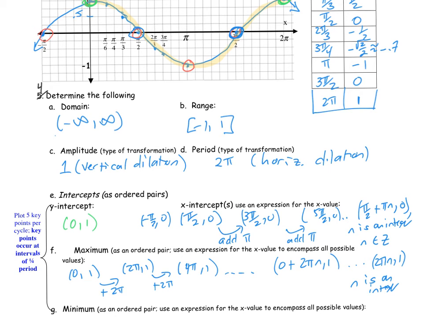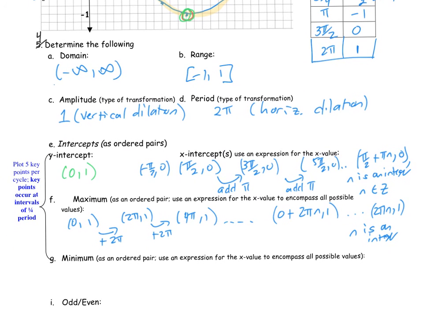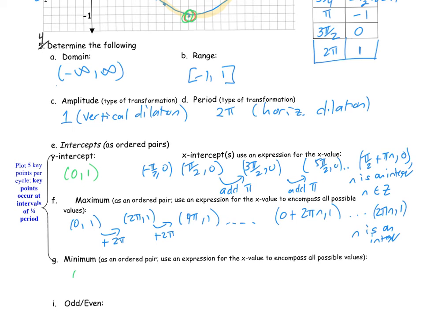Minimum values. Okay, so I will circle a minimum here, which is at pi, negative 1. So let me write that down. I have to scroll up. So pi, negative 1. To get to the next minimum, I have to add a full period, which is 2 pi.